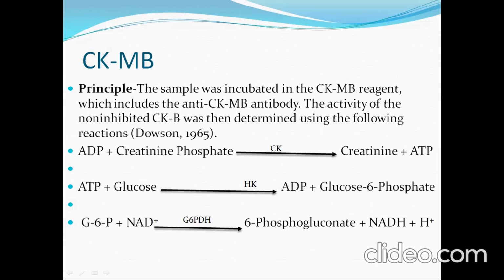This ATP plus glucose in presence of creatinine kinase resulted into ADP and glucose 6-phosphate. And this glucose 6-phosphate plus NAD in presence of G6PDH gets converted into the 6-phosphogluconate plus NADH.